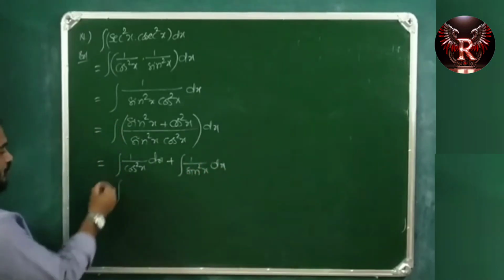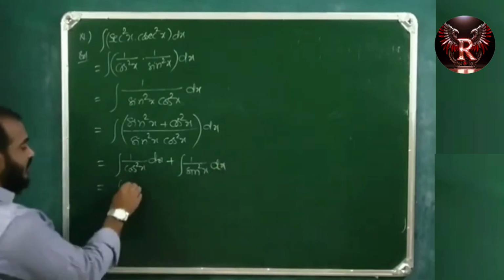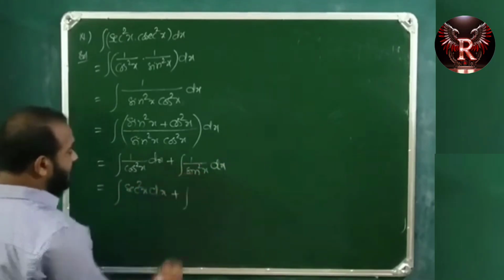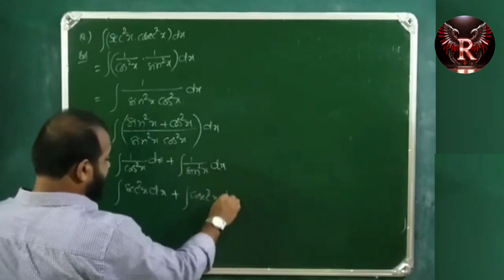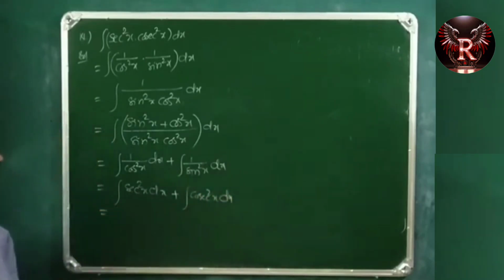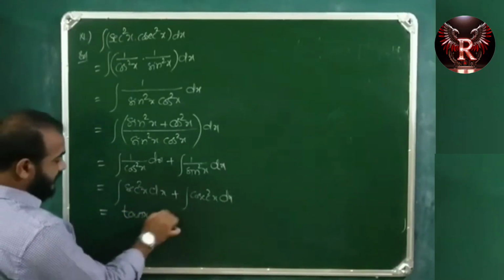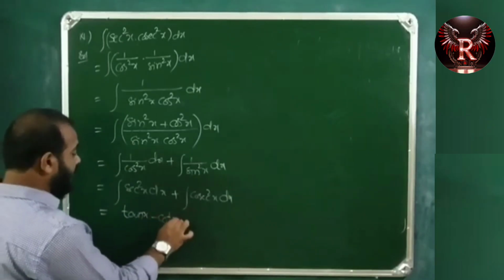So this is equals to integral 1 by cos square x dx, which is secant square x dx, plus 1 by sin square x, which is cosecant square x dx.